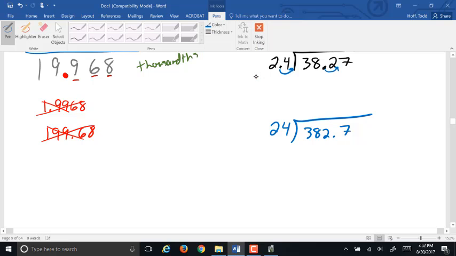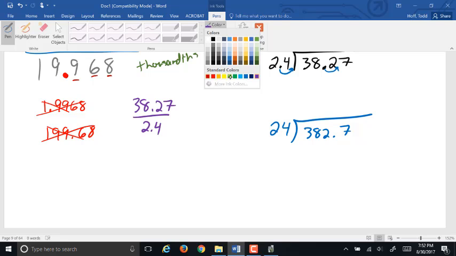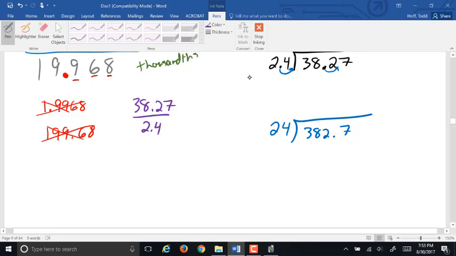The reason we are able to do that is that fractions and division are kind of interchangeable. I can think of 38.27 over 2.4 as a fraction. And as a fraction, I can multiply the numerator and denominator by the same thing.